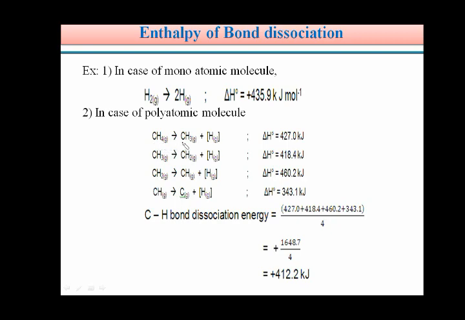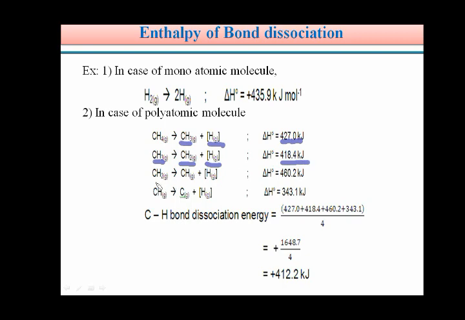In the first step, the energy required to break 1 hydrogen atom from the methane molecule gives CH3 and 1 nascent hydrogen. Here the heat energy is 427 kilojoules per mole. And from CH3, if you remove 1 more hydrogen, we get CH2 and 1 more nascent hydrogen. Here the delta H naught, or enthalpy of bond dissociation, is 418.4 kilojoules.